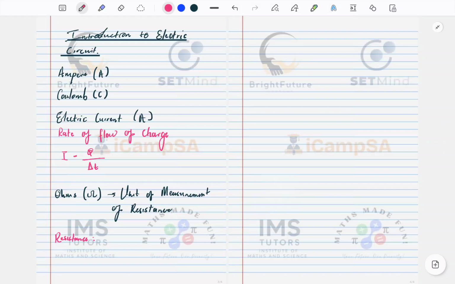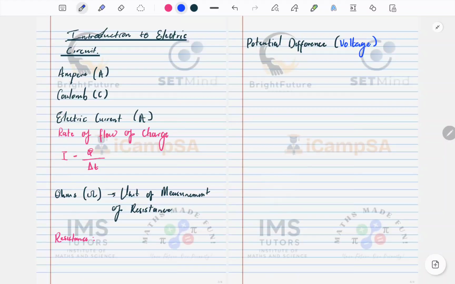Then we have a potential difference, which can also be known as voltage.